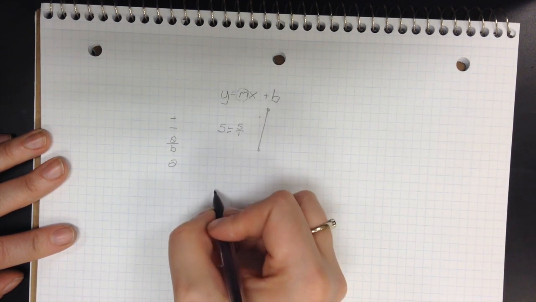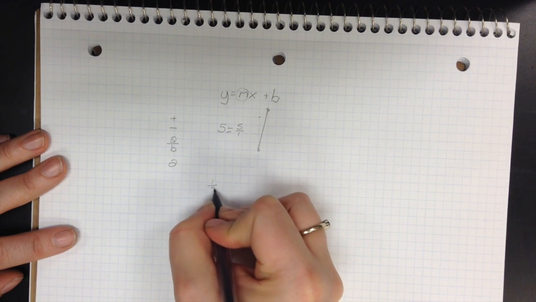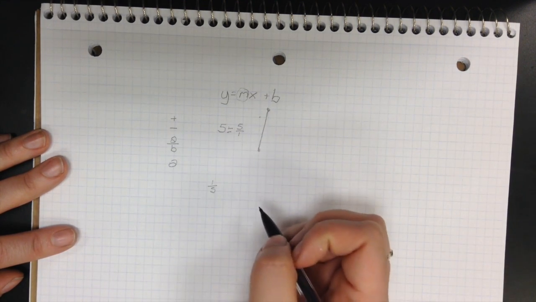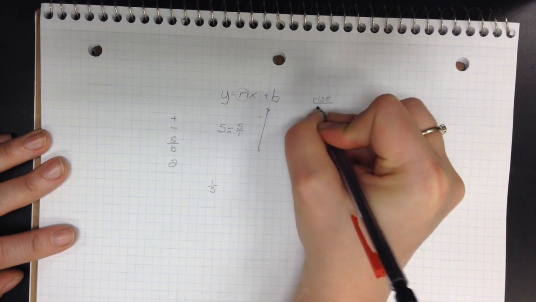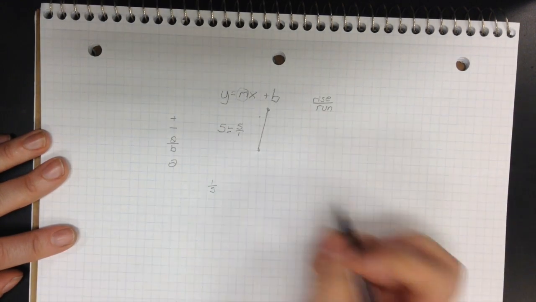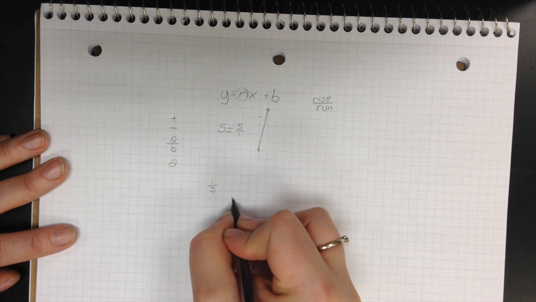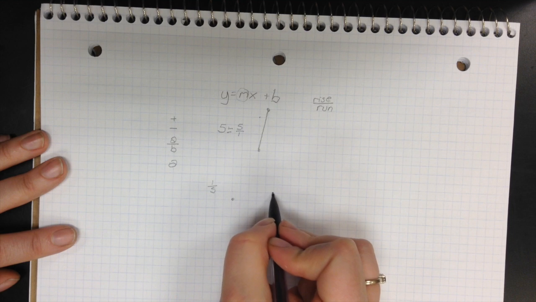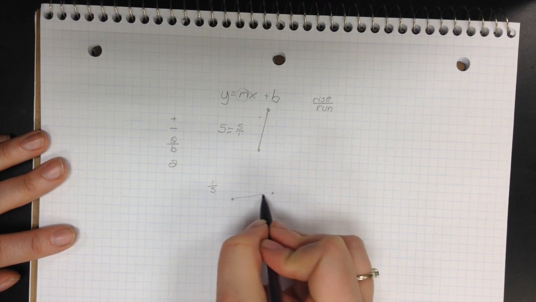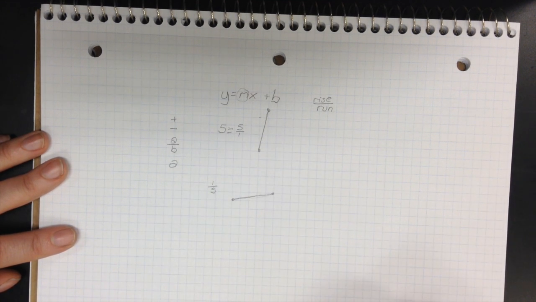If I had a slope of 1/5, well, that's already in rise over run format. That's already a fraction, right? So in this case, if I had my starting point, I would rise 1 and go over 5. And if I connect those, that's going to be the tilt of that line.